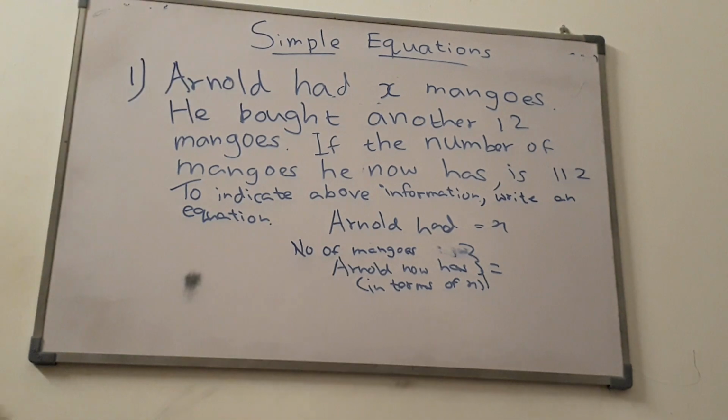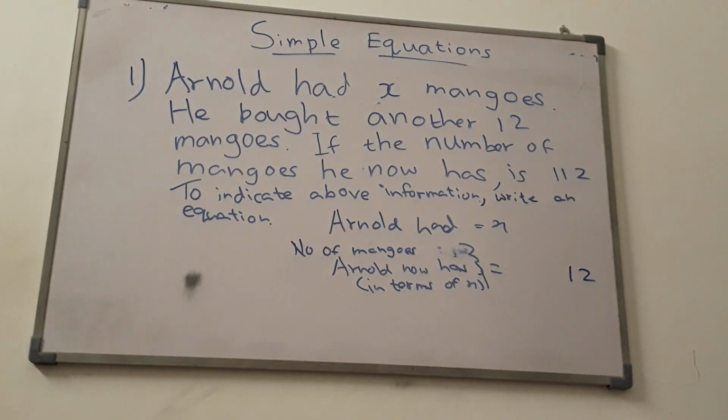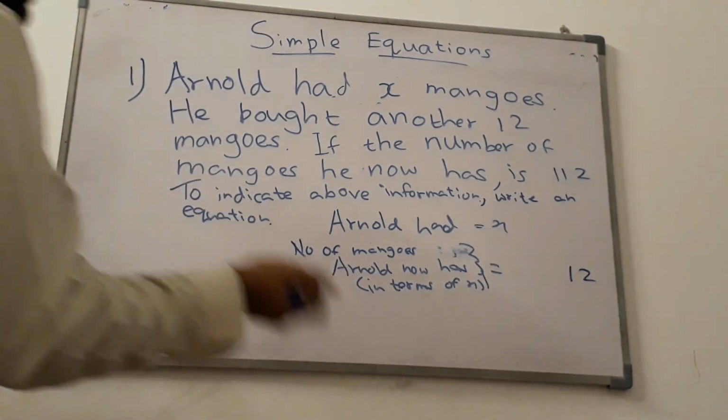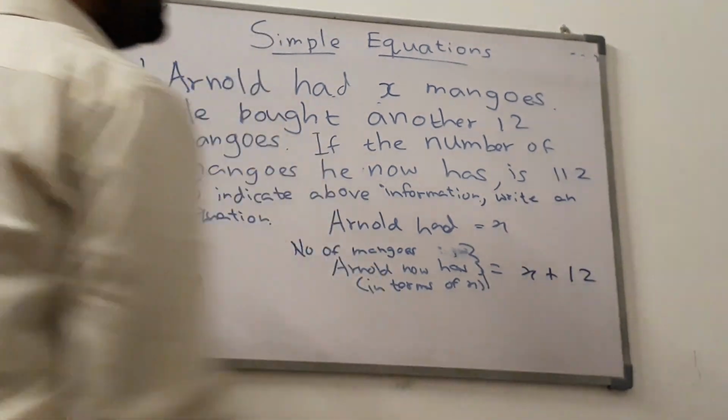He bought another 12 mangoes. That means at the moment he has a number of mangoes increased by 12 than X. Increased by 12. So we have to add 12 to X. Okay.